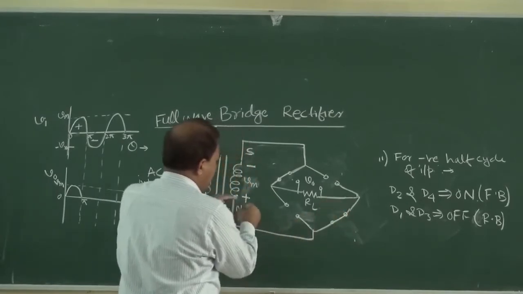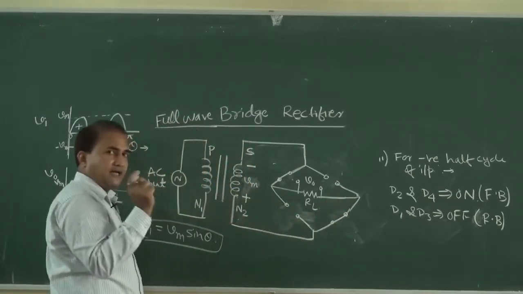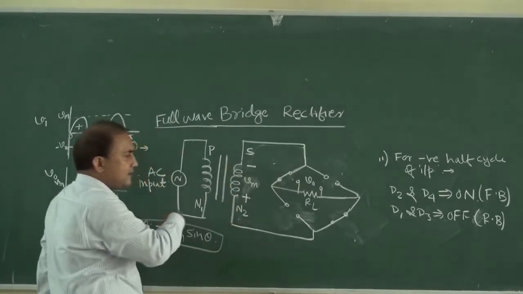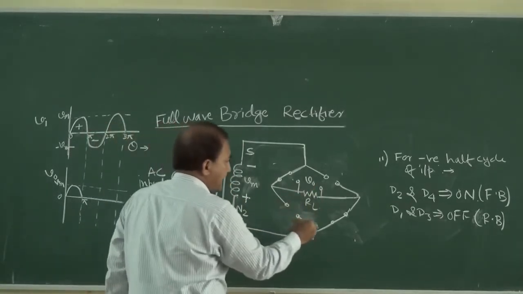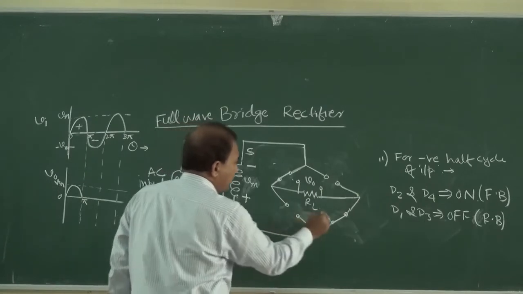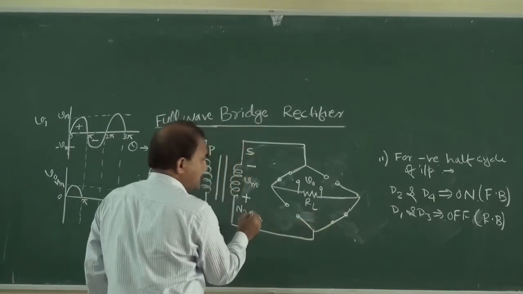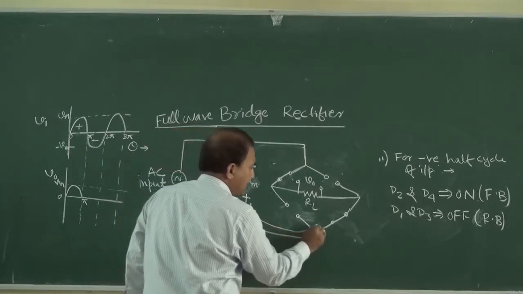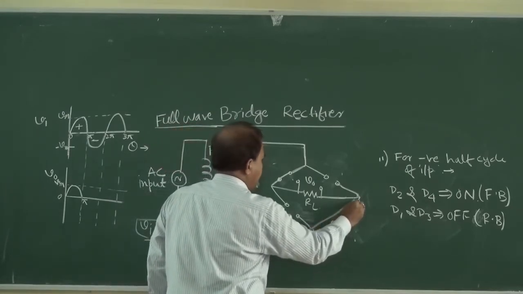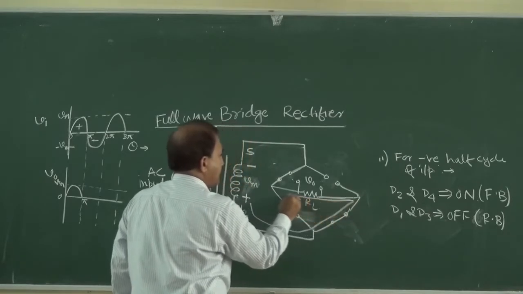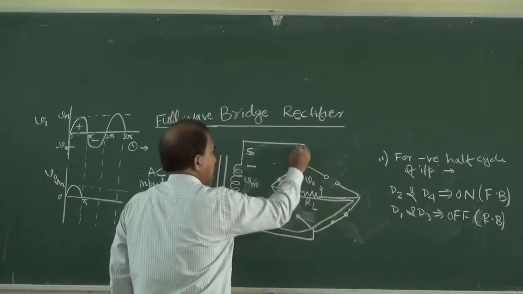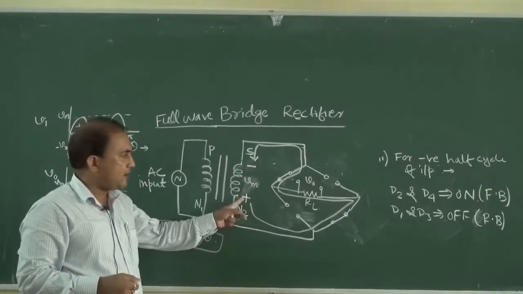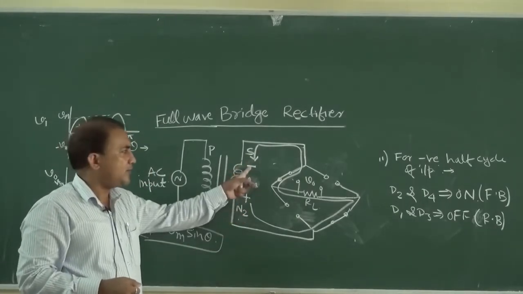So direction of current will always be from higher potential to lower potential. So D2 and D4 both are in forward bias condition. So the direction of current will be like this, from higher potential to lower potential.